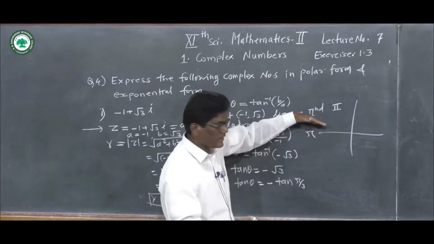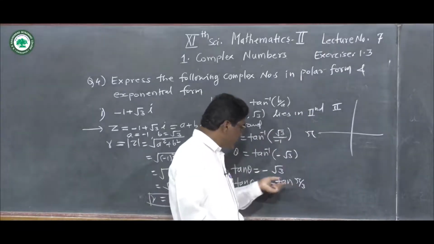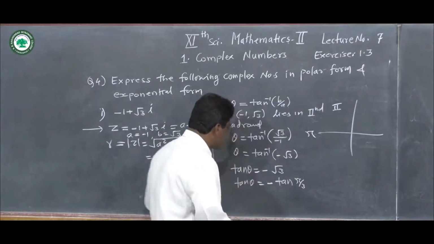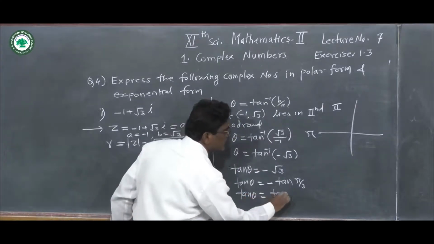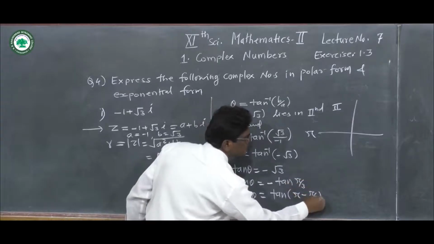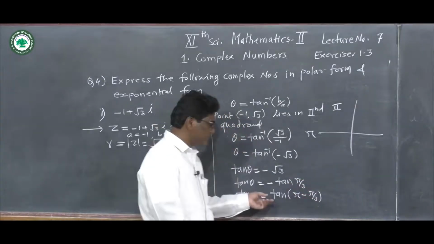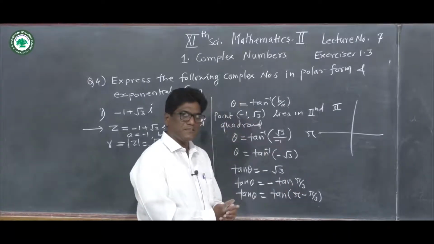How much less? Here pi by 3. So when we want to remove this minus sign, we write tan of theta is equal to tan of pi minus this angle, pi by 3. This is the formula. Tan of 180 minus theta is minus tan theta. This is the formula.